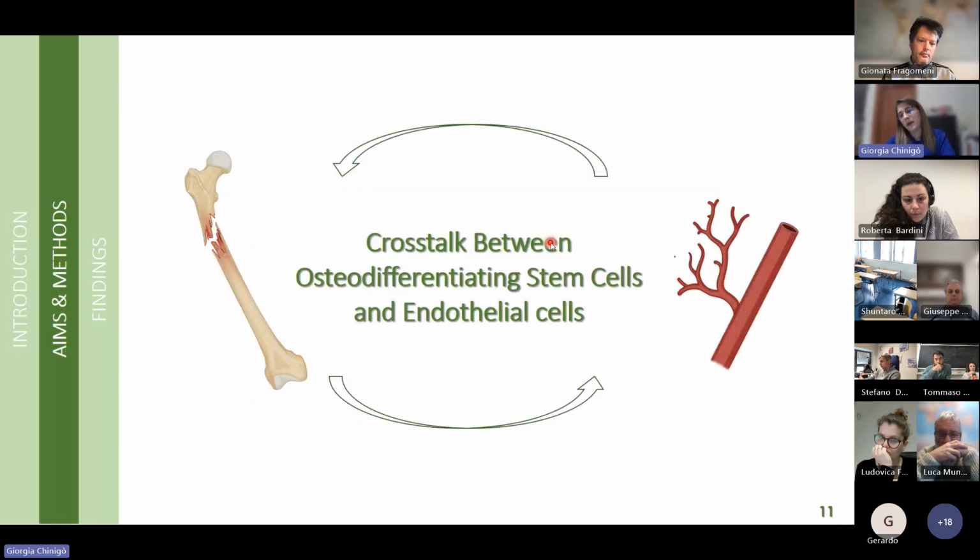That's why in our lab, we decided to deepen the molecular physiology of this crosstalk between endothelial cells on one hand and osteodifferentiating stem cells on the other.